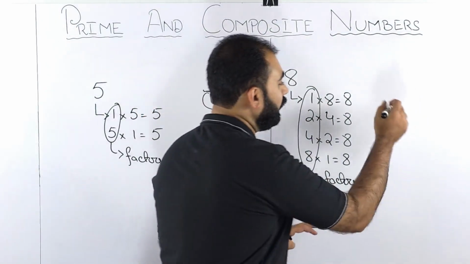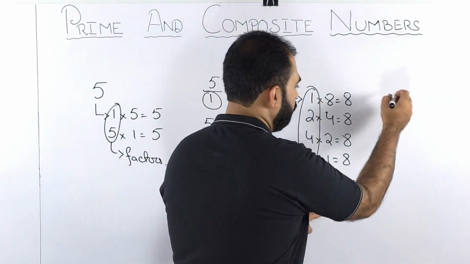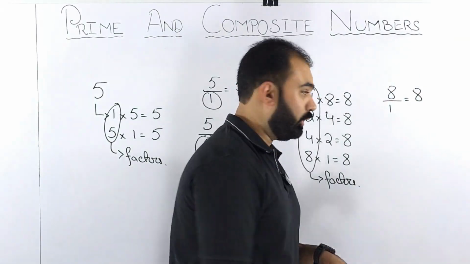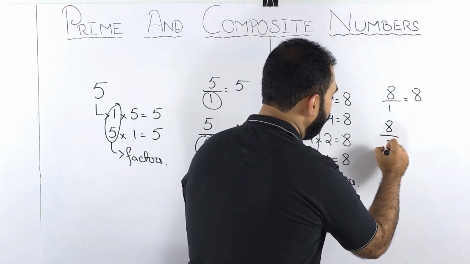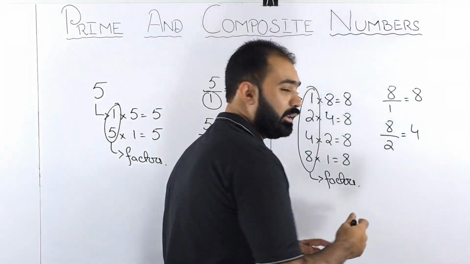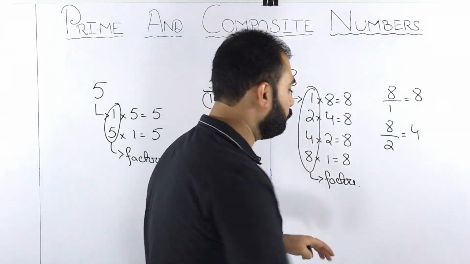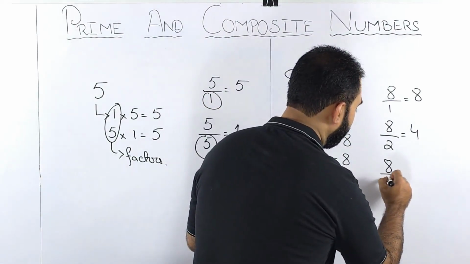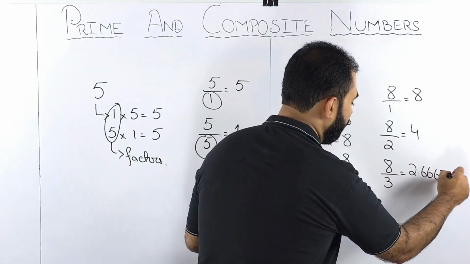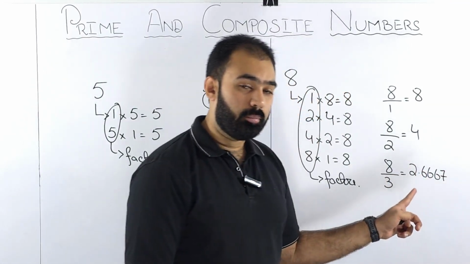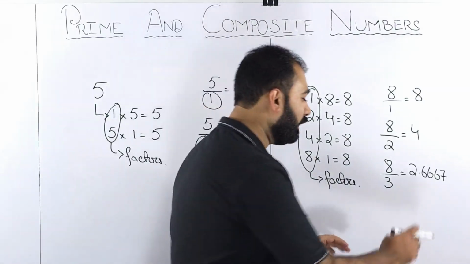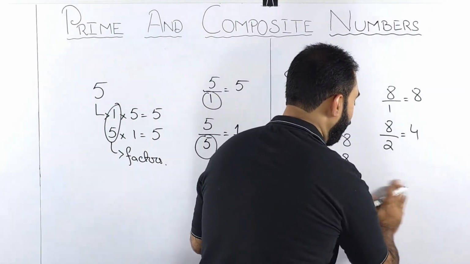Another way is that 8 should be completely divisible by the number. 8 divided by 1 gives us 8, a whole number. 8 divided by 2 gives us 4, again a whole number, which means 8 is completely divisible by 1 and 2. Let's divide 8 by 3 and we are getting 2.6667, a decimal number, not a whole number. So we will say that 8 is not completely divisible by 3. Therefore, 3 is not a factor of 8.